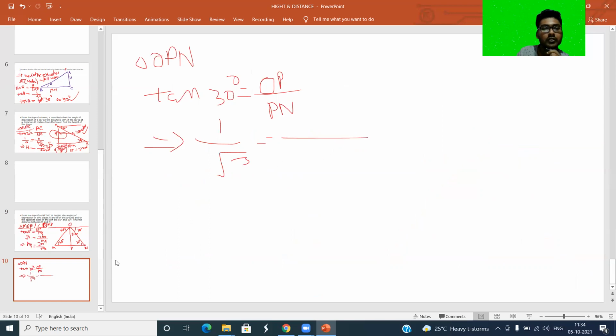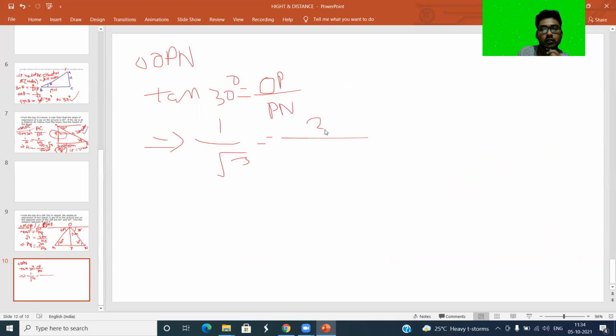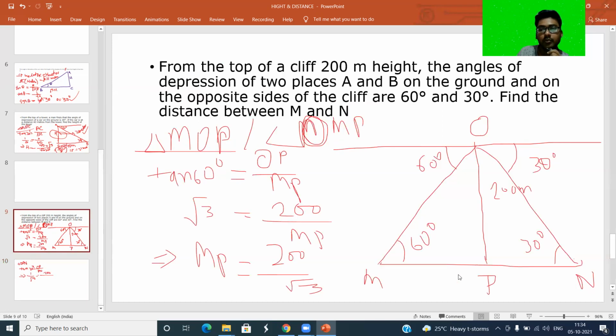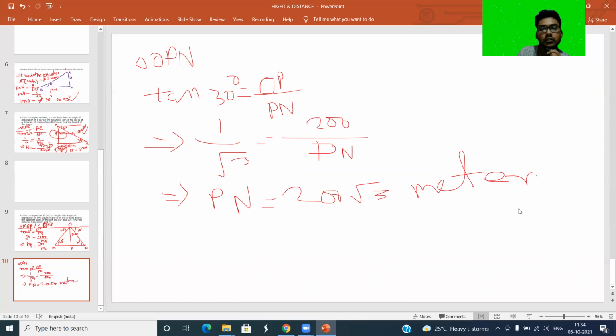And the OP value is 200 meters. And we need to find the PN value. Then PN is 200√3 meters.